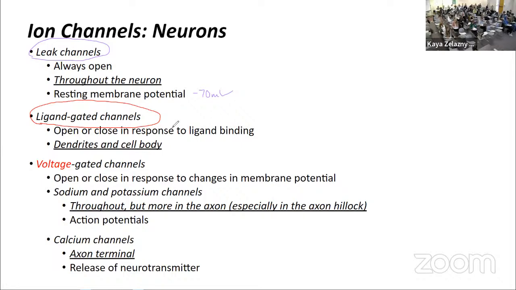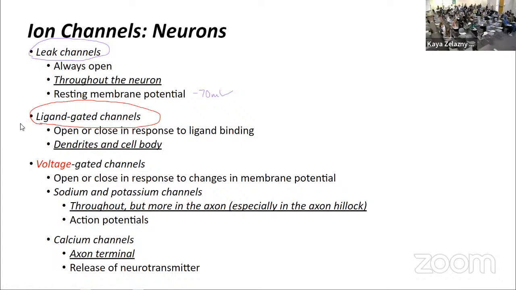But this is what we had happening to cause these graded potentials. So our stimuli really were things that come in, open a channel and allow ions to move. These ligand-gated channels are going to be on the dendrites, which are collecting those incoming stimuli, and on the soma, the cell body of that neuron.